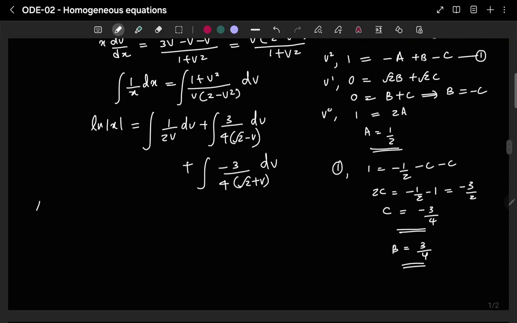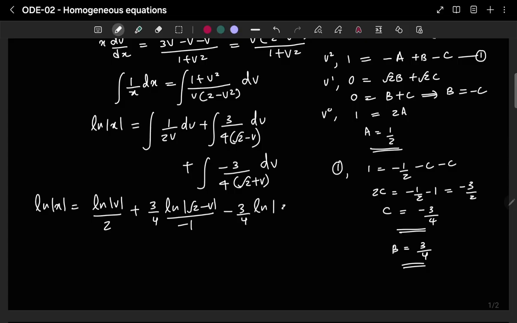And then we get the solution like this by solving. The integral of 1 over 2v we get ln v by 2, plus, and similar thing happens here, ln root 2 minus v divided by minus 1, and then we get minus 3 over 4 ln root 2 plus v plus c, where c is the integration constant.